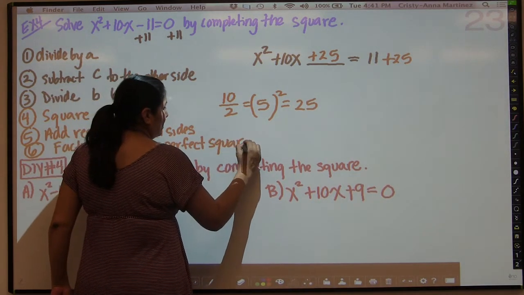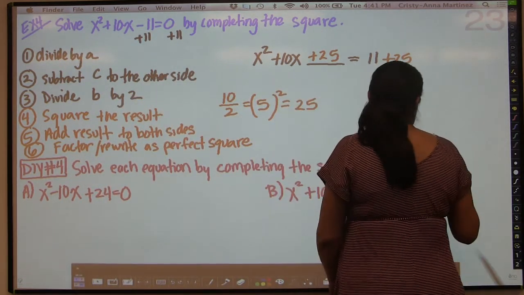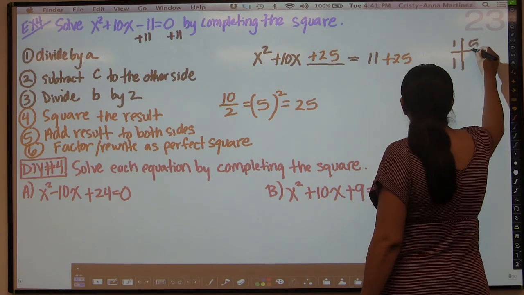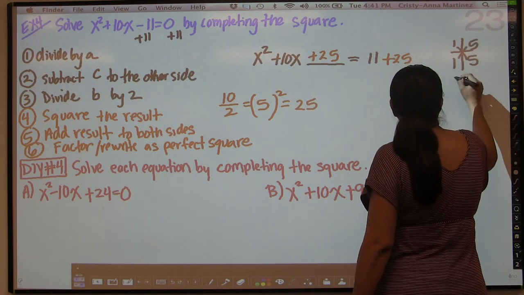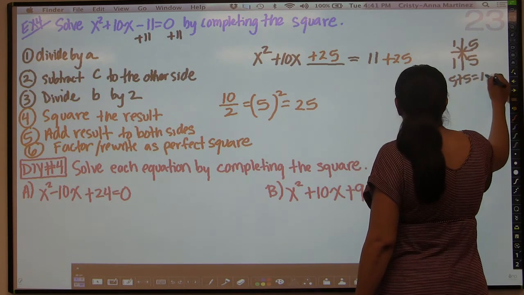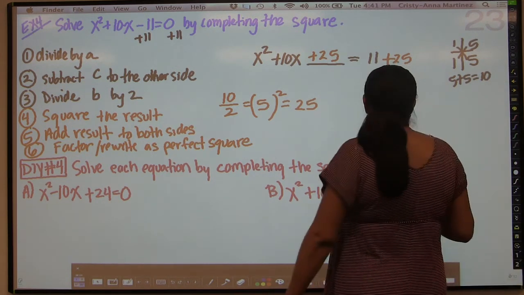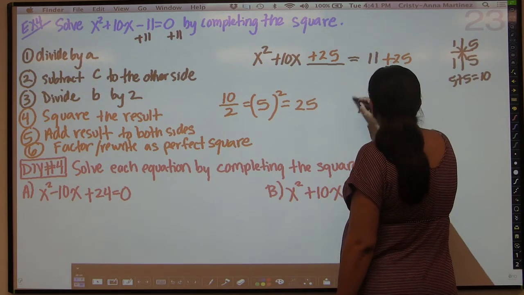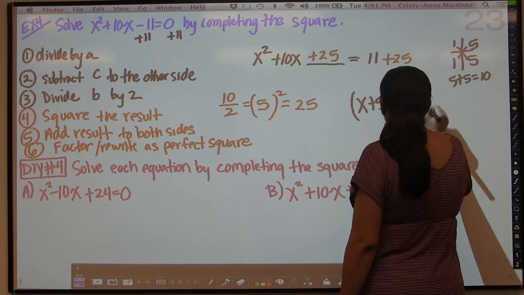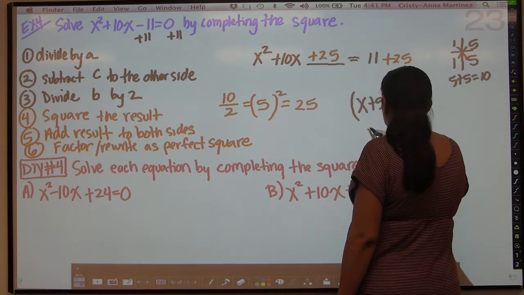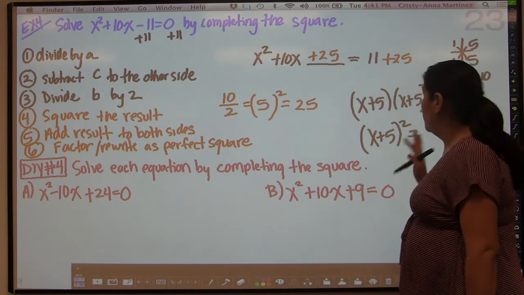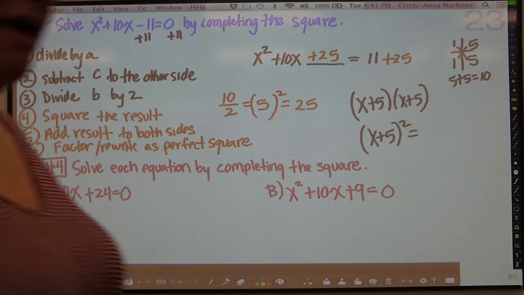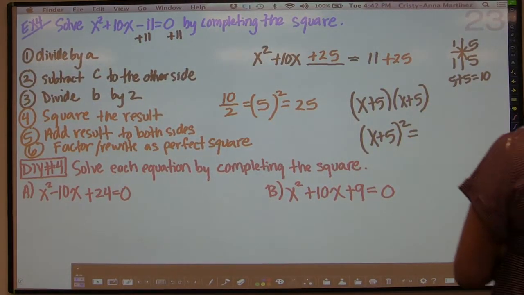Okay, so what that means is, at this point, I want to factor this: 1 and 1, 5 and 5, and this time 5 plus 5 is 10, and 5 times 5 is positive 25. So I have the same factor twice, so I'm going to get x plus 5 times x plus 5, or x plus 5 squared. On the right, I get 25 plus 11, and 25 plus 11 is actually 36.